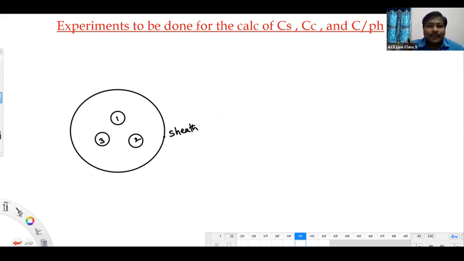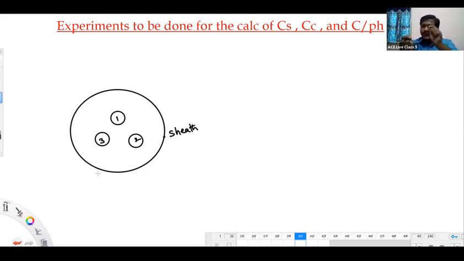Okay, next, listen. In the first experiment, I am telling you directly, and thereafter I will tell you what we are doing and why. Core number 2 and 3, I will connect to the sheath by using some wires in the lab.